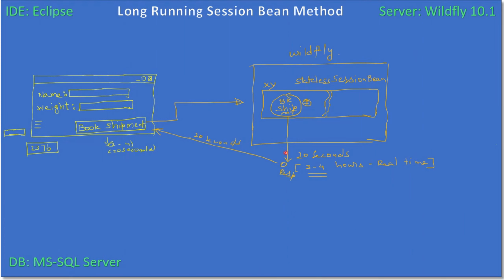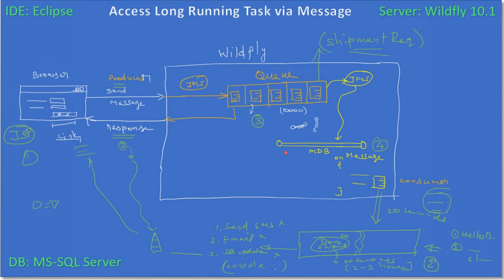Then we got a glimpse of what is a long running task and what are all the issues we will face when a long running task stays in stateless bean. Then we talked about message driven bean and JMS queue and how the long running task is pushed into the JMS processing.